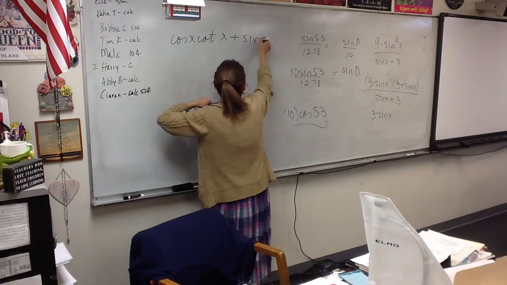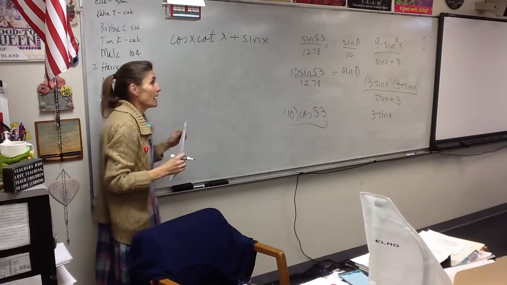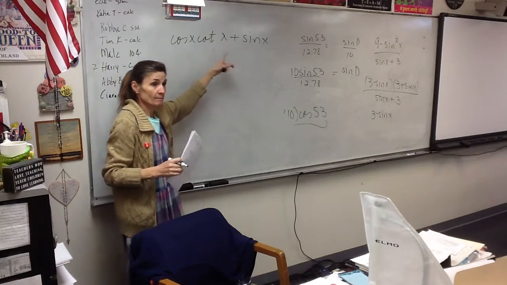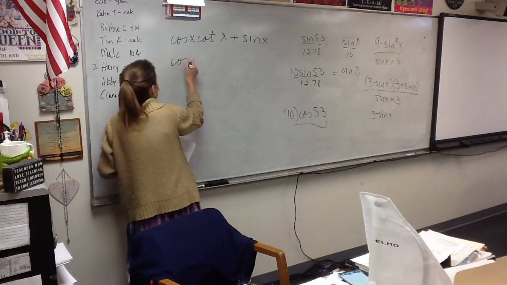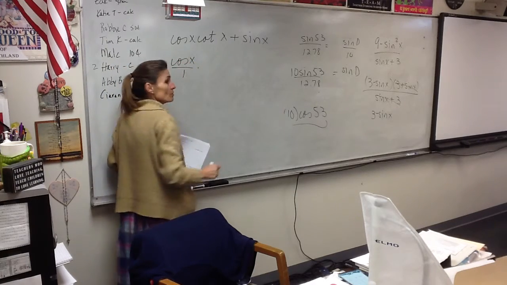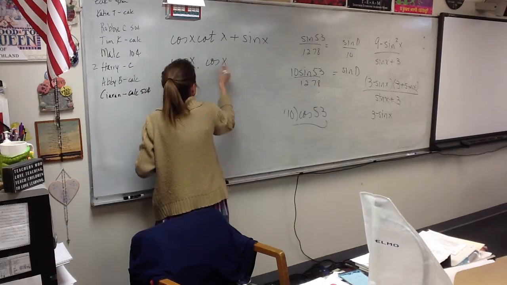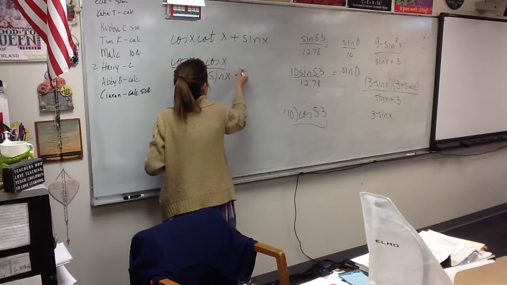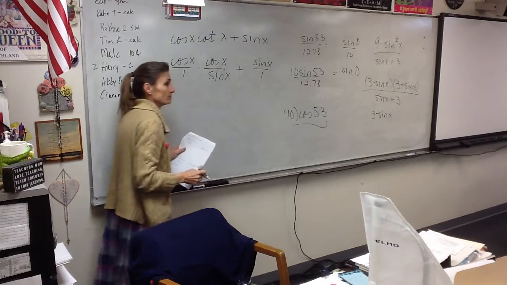Now this one is easier. How do we start this kind? What is cosine? It's just cosine over 1, right? What's cotangent? Cosine over sine. And this is just sine over 1.